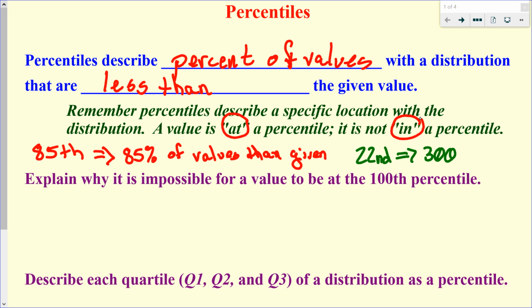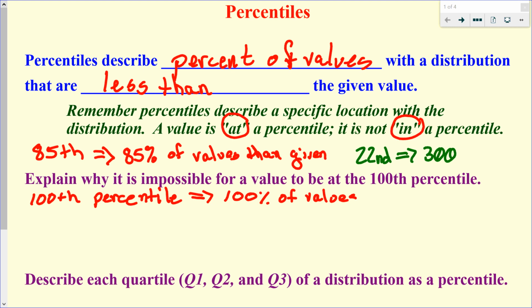Okay, now remembering that percentiles describe the percent of values less than the given value brings up an interesting question: why is it impossible for a value to be at the 100th percentile? If we follow the definition, the 100th percentile would mean that 100% of the values are less than our given value.